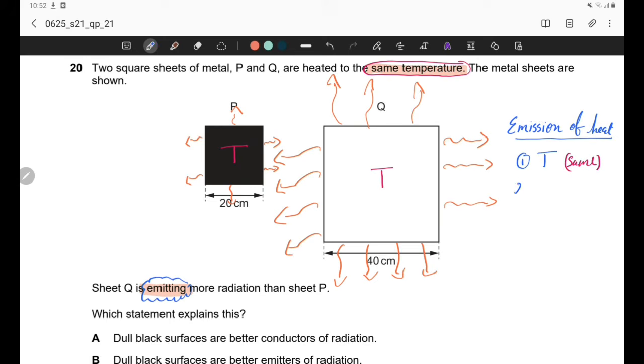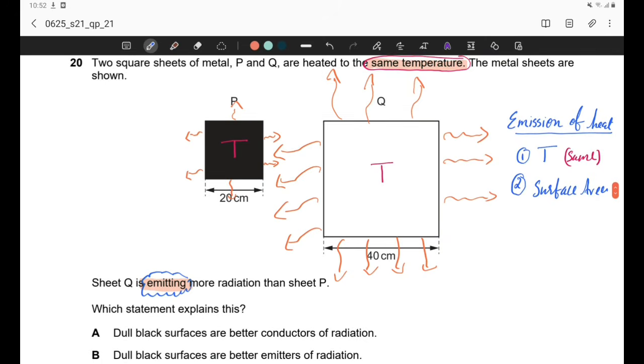The second factor which affects the emission is surface area. When the surface area is more, definitely the emission will be more. By looking at these two sheets we can understand, yes, Q has more surface area. That means definitely it will have more emission.